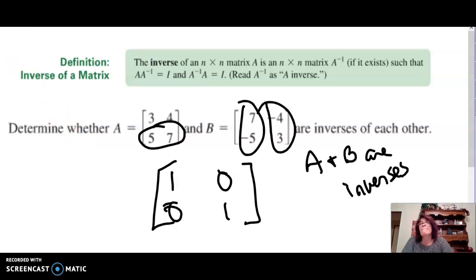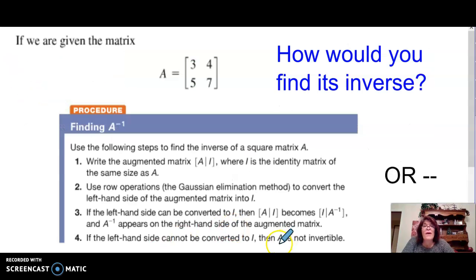To find the inverse, there are all these steps. I'm not going to go through this. I am going to show you how to find the inverse using your calculator.